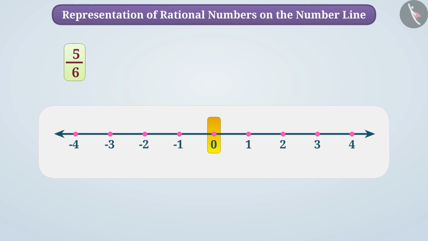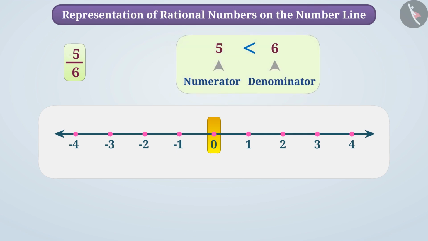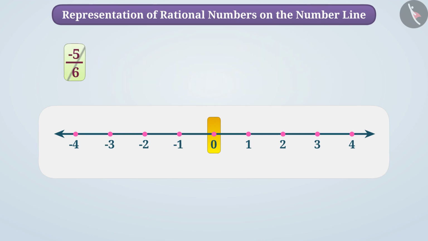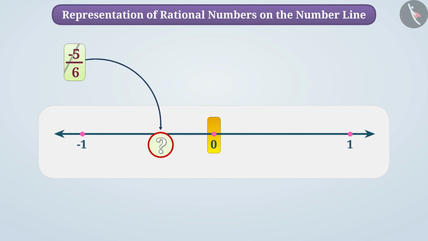Now, we see that the numerator 5 in 5 by 6 is smaller than 6. From this, it is known that 5 by 6 is smaller than 1, that is, less than a unit. This tells us that the place of minus 5 by 6 is between 0 and minus 1. To find the exact location of minus 5 by 6, we will divide the distance between 0 and minus 1 into 6 equal parts.